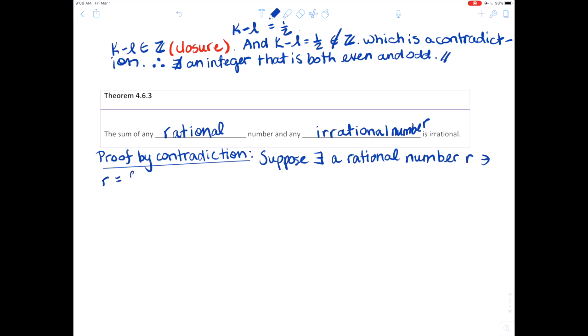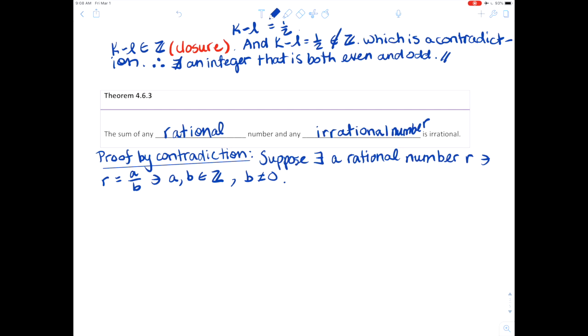R would equal some A over B, right? Such that A and B belong to the integers and B has to not be 0. And that's by definition.